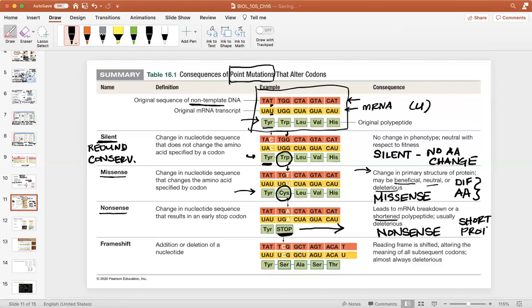And this is almost always harmful, almost always deleterious. You can imagine that if you just stop it before you're supposed to, that's usually going to be a problem. The last one that I want to mention is also almost always going to be harmful, and that is a frame shift mutation. Give you guys time to write it.